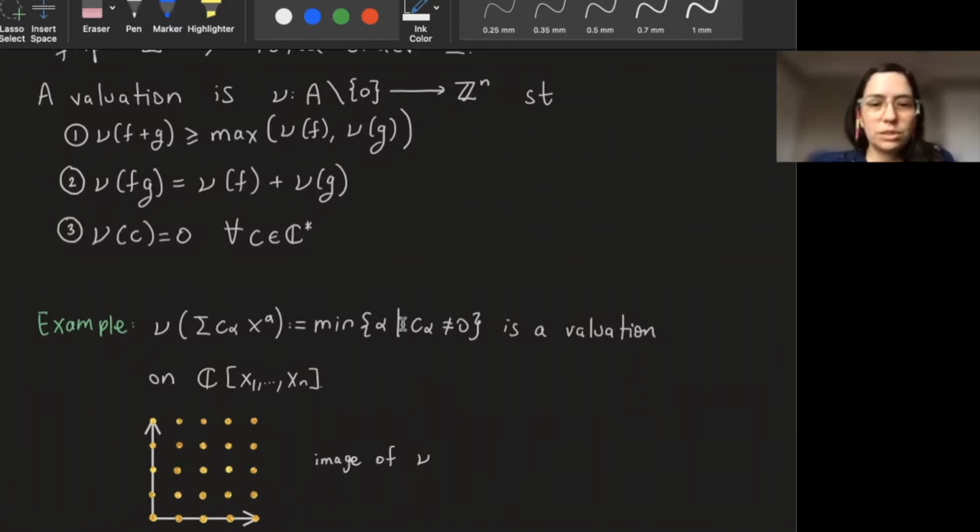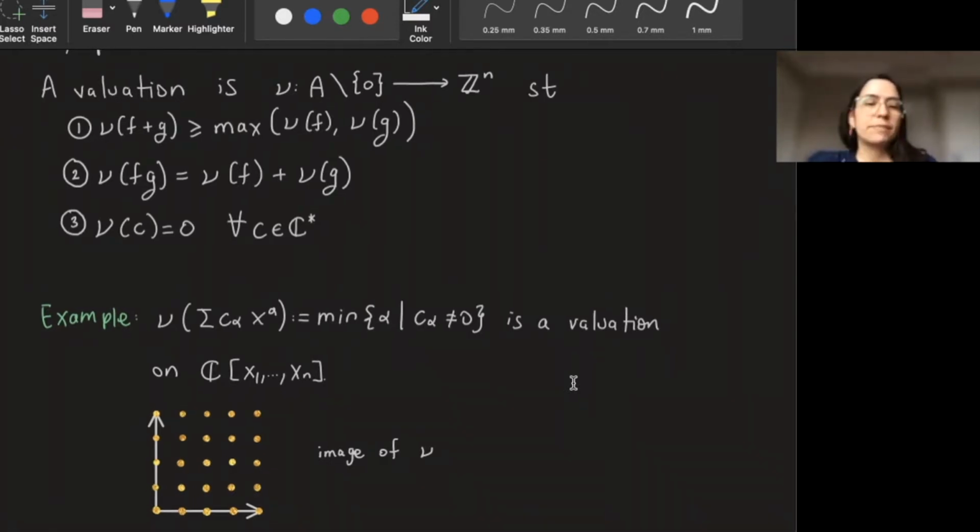So it goes really to Z to the n. And it's the minimum among the exponent vectors where the coefficients are non-zero. And this is evaluation. And I wanna start motivating some of the objects we encountered. So an important one is the image of the evaluation. And the image of evaluation for this valuation is just gonna consist of these lattice points. So in general, the image of evaluation is gonna be a semigroup in Z to the n.